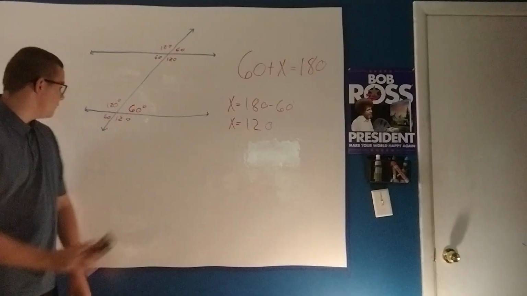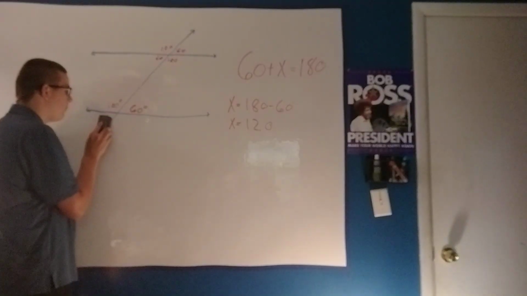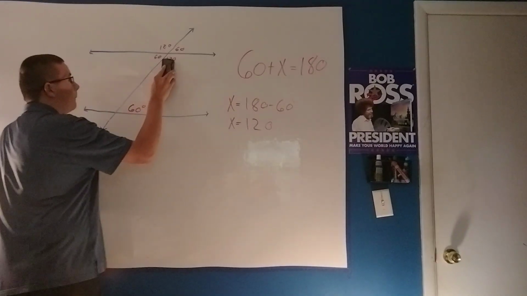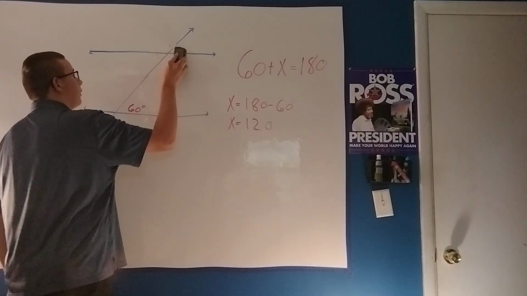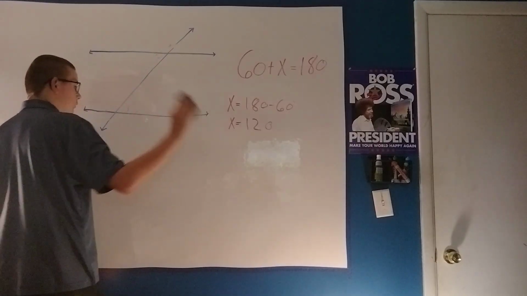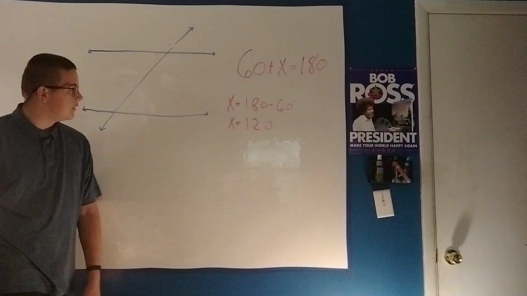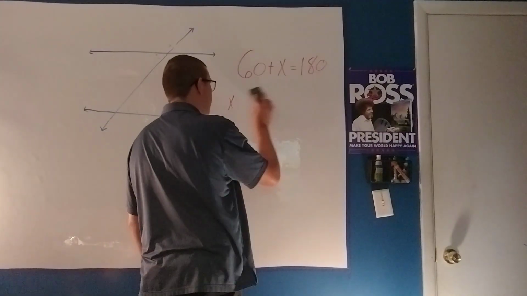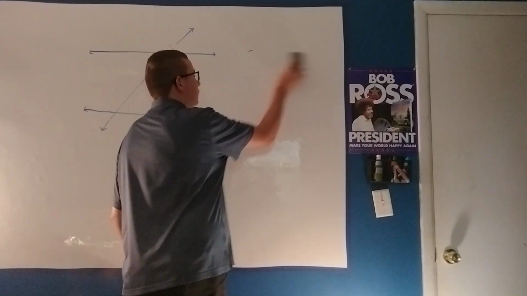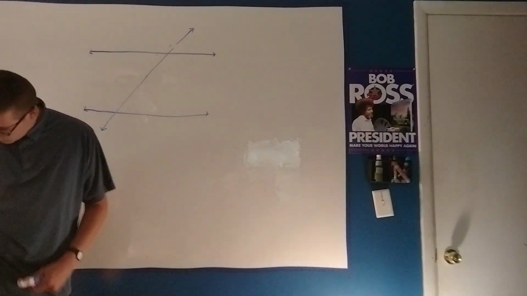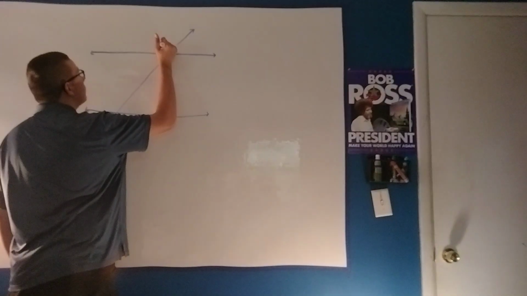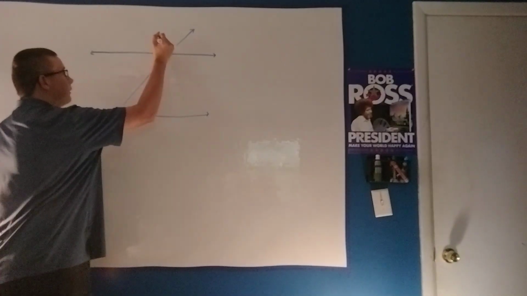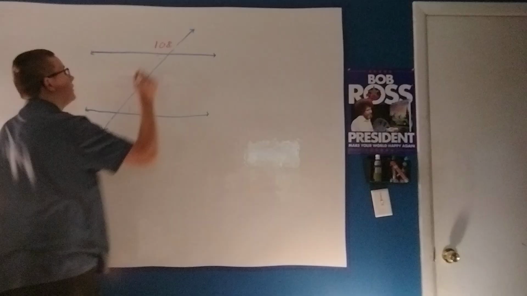So let me give you a couple other practice problems here. I don't want to erase this whole thing and have to rewrite it again, because that'll just take too much time. So what if this right here is 108 degrees?